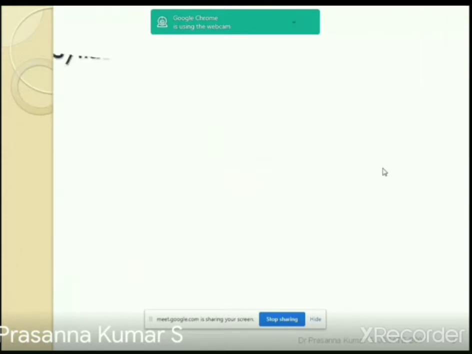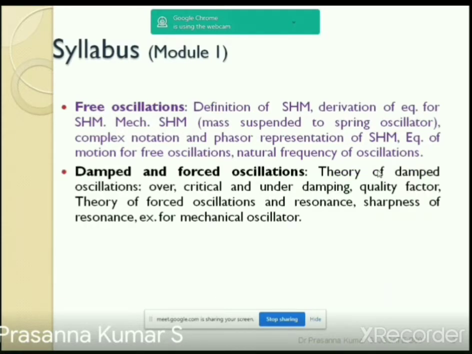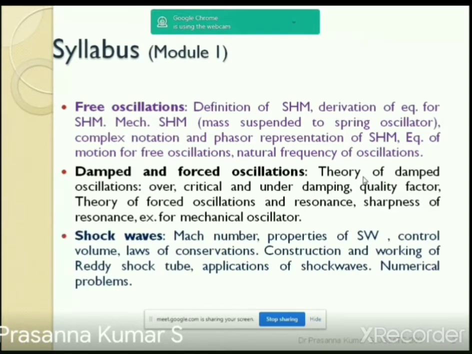So in this chapter, according to the VTU syllabus, module 1 is on free oscillations and damped and forced oscillations. This is the first chapter. It's split into two halves, and the second chapter is shock waves. This is the second chapter in module 1.